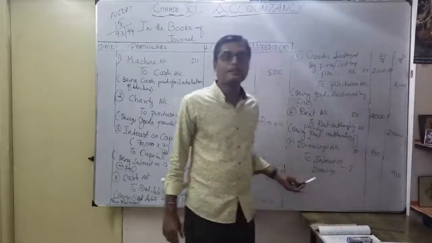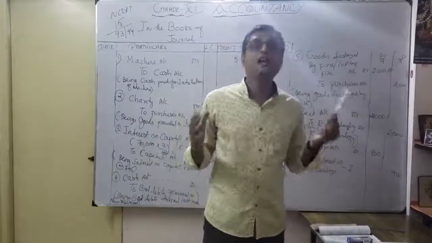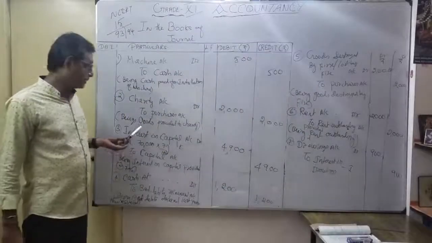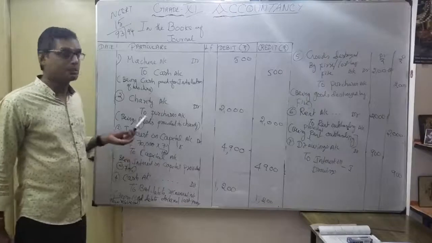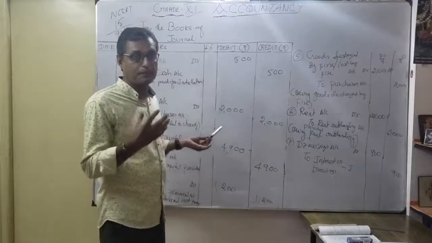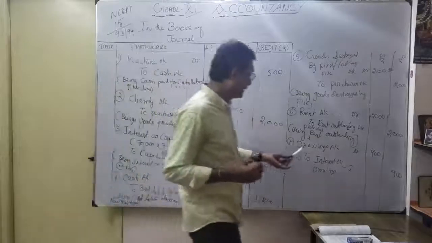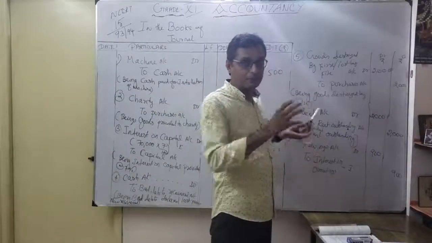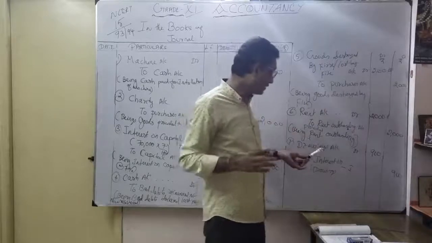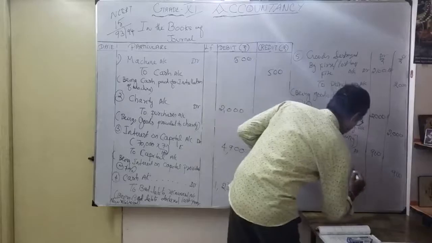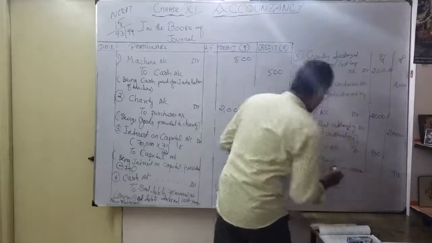That's why it is coming under nominal account: credit all incomes and gains. This is again coming under nominal account: debit all expenses and losses. From the company's point of view, it is an expense: utilizing capital, I am going to pay interest. Here they are withdrawing money, drawing the money for their use. That's why the company will charge interest. According to the company's point of view, this is income. I have written income in brackets as interest on drawings.